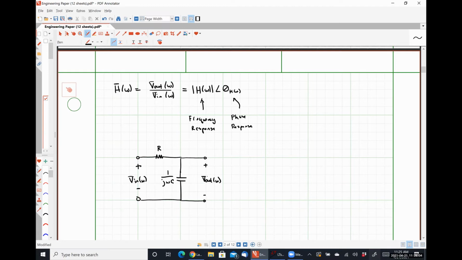So based on this guy right here and our definition of a transfer function, how could we get the transfer function of this simple RC network?